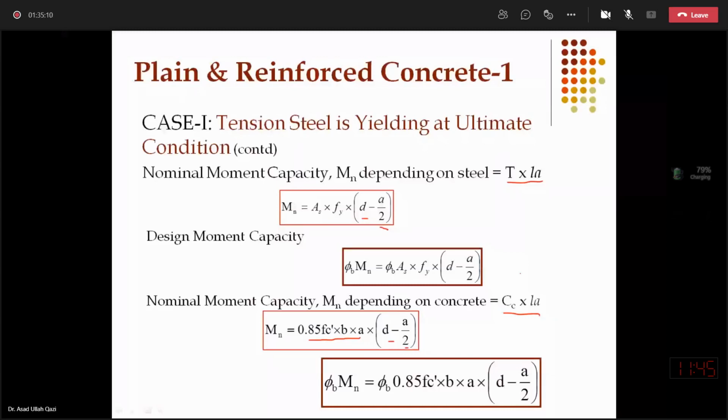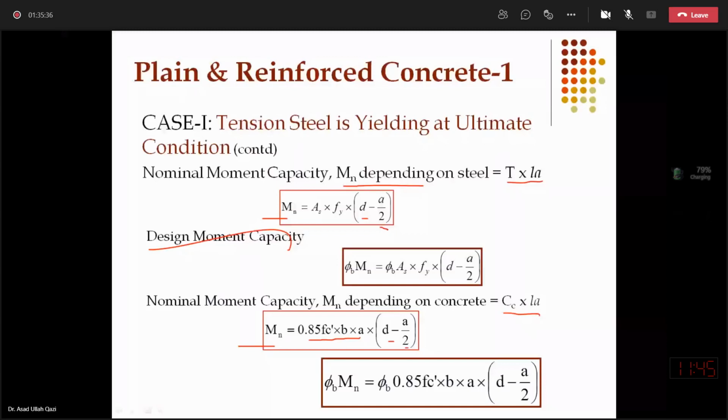Nominal means actual without reduction factors. So either you use T into lever arm or C into lever arm. Since we are working on ultimate strength design, we want to reduce the capacity by applying the reduction factors.